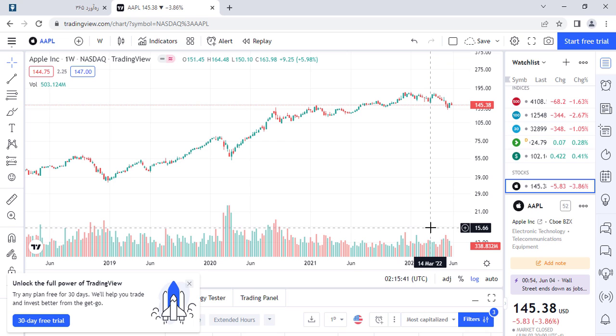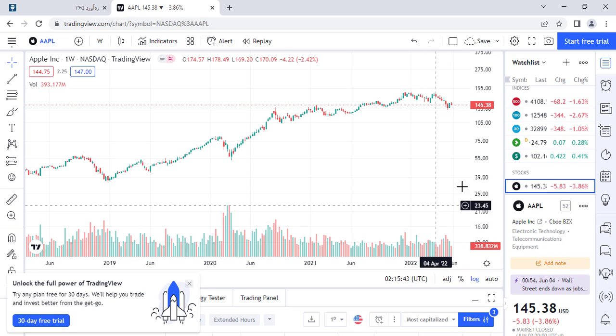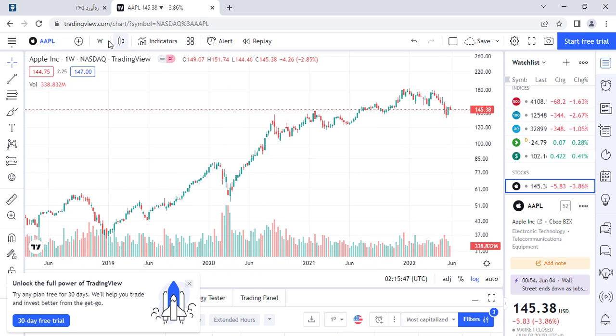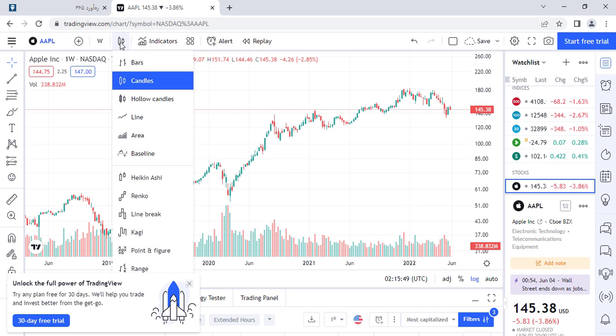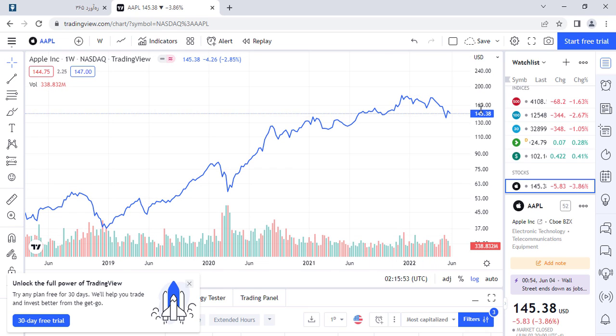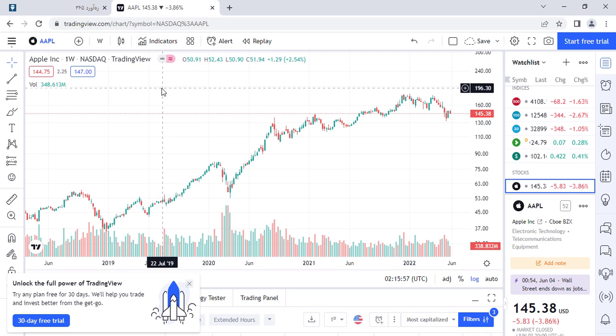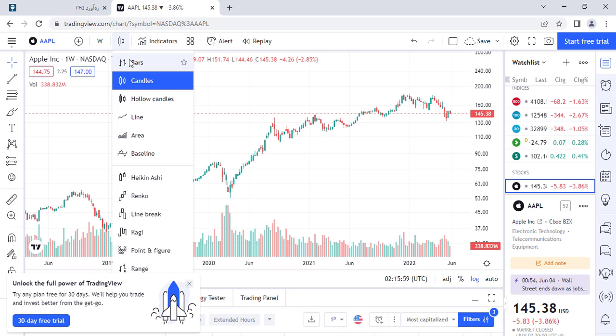And these three charts are the most common charts: line charts, this type of chart, and candles chart, and bar charts.